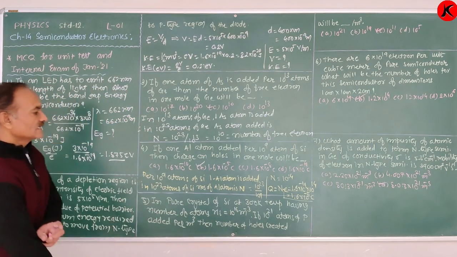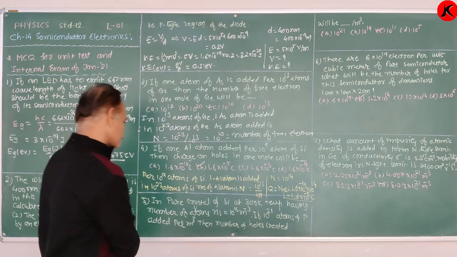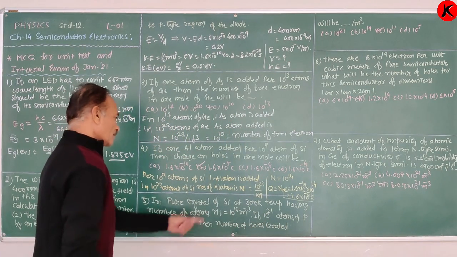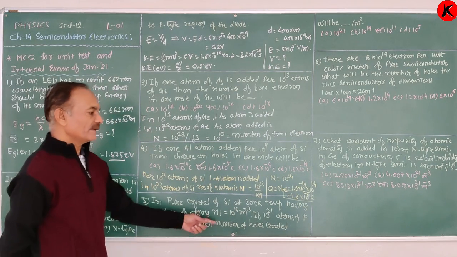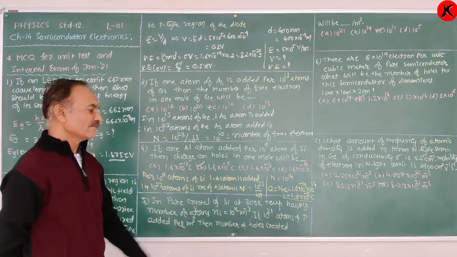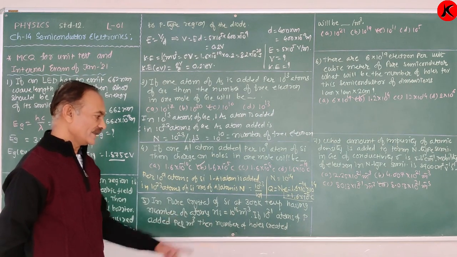Right? Therefore, we know that phosphorus is which type of impurity atom? That is also pentavalent. So that gives the number density of the electron.